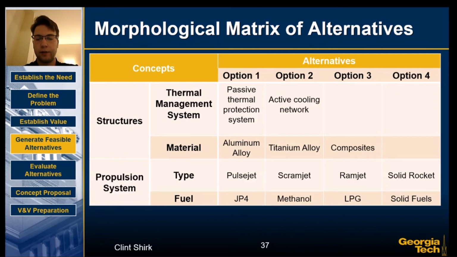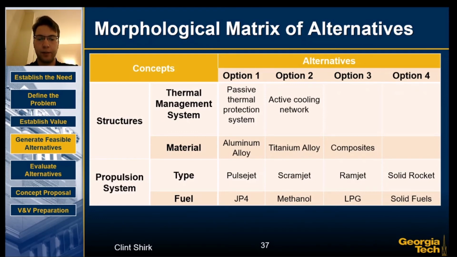The overall propulsion types available are pulse jet, scramjet, ramjet, or solid rocket engines, with propulsion fuel types being JP4, methanol, LP, liquid propane gas, or solid fuels.